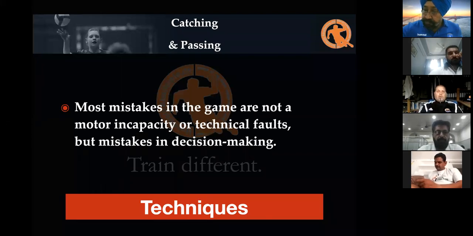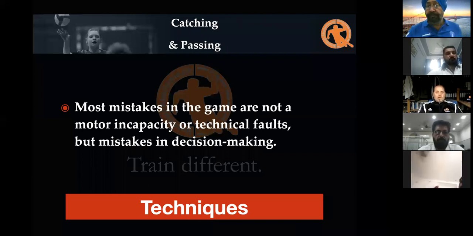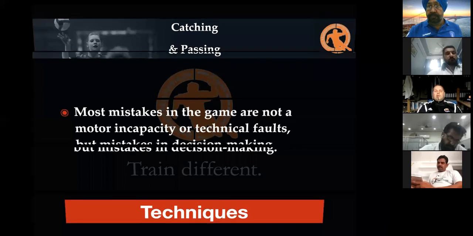If I give the ball in that direction and the defender intercepts, then even if power and direction of the pass are perfect, so the technical elements are okay, it's still a mistake in decision making. So this is why I advise you always, if mistakes appear in the passing, make a clear decision, a good observation, whether this is really a technical mistake or if it was a mistake in decision making.